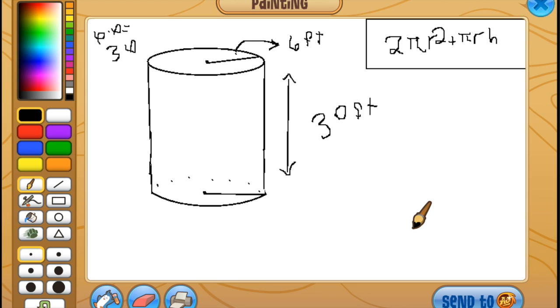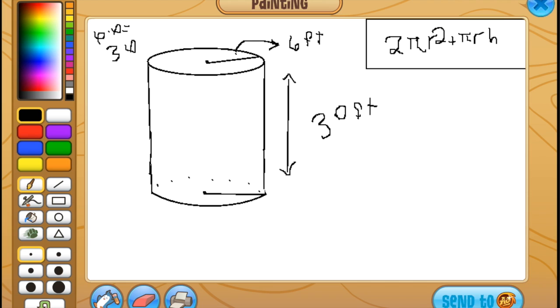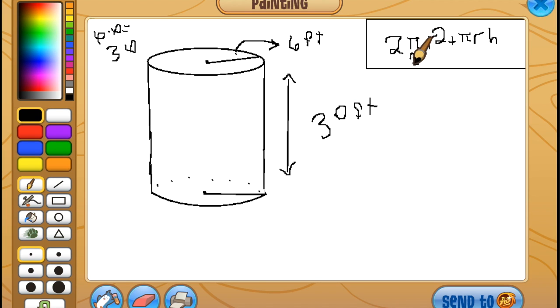Well, now what? So we have 2 pi r squared. And I am actually going to be using a calculator for this because multiplying it out will take too long. So we already know that 2 times pi, and since pi goes on forever and never repeats, we will be using 3.14. You can use whichever number you want. It doesn't really matter, so I'm going to be using 3.14. Now that we know that's 3.14, what is 2 times 3.14?